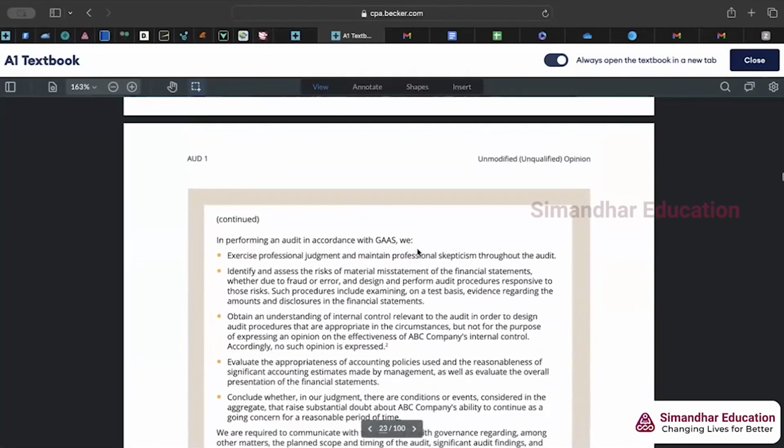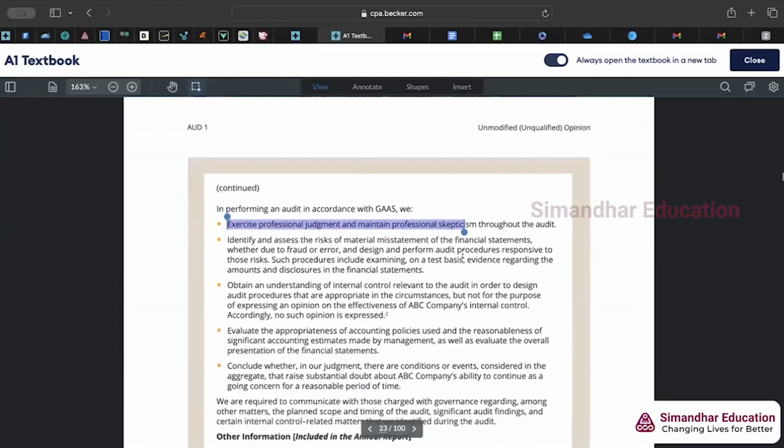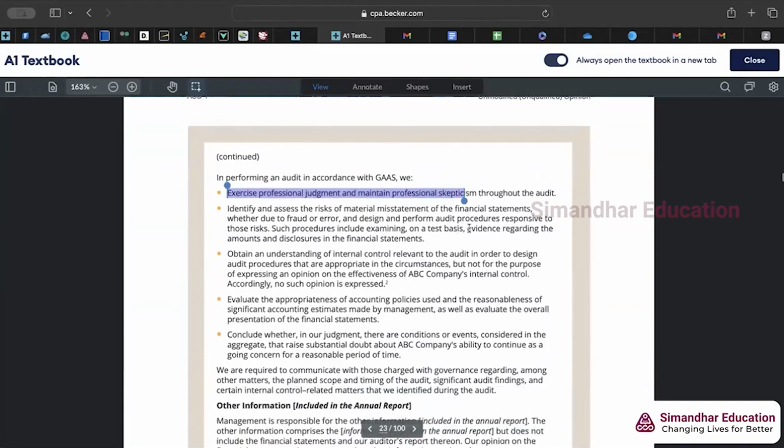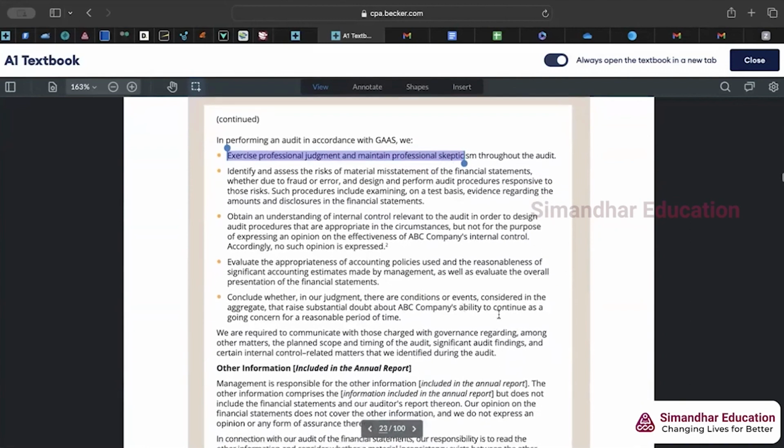In performing our audit, we have exercised professional judgment and skepticism, identified and assessed the risk of material misstatement of the financial statements, obtained an understanding of internal controls, evaluated the accounting policies, and concluded whether, in our judgment, there are conditions or events that may impact the going concern.